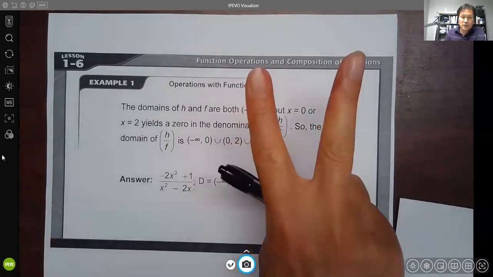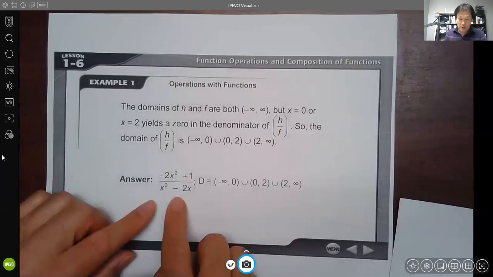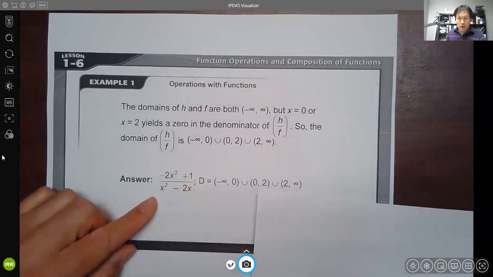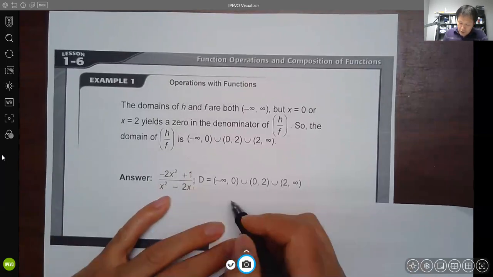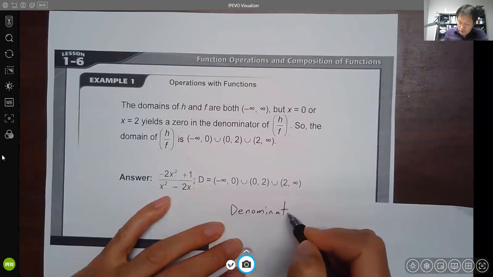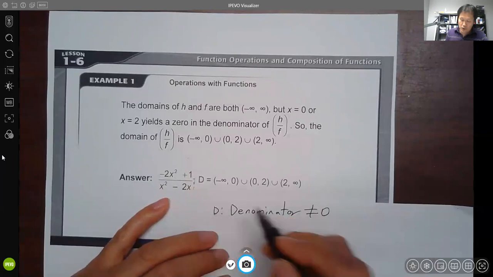Domain had two different styles. One style is a rational function, which is this, x on the denominator. So how do you find the domain? This is a review from a previous chapter, by the way. The denominator cannot equal 0. That's how you solve a domain question.